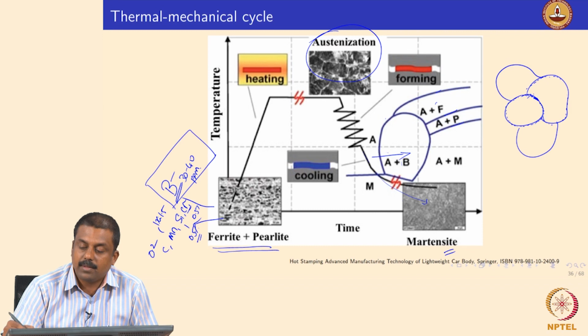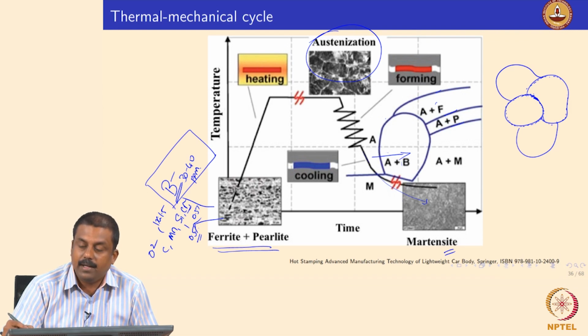The moment boron atoms come to the grain boundary, the nucleation of ferrite becomes sluggish, because if ferrite has to nucleate, it has to push the boron atoms from the grain boundaries, which is not possible, thermodynamically or even kinetically. So the nucleation of ferrite is retarded. What will happen then?